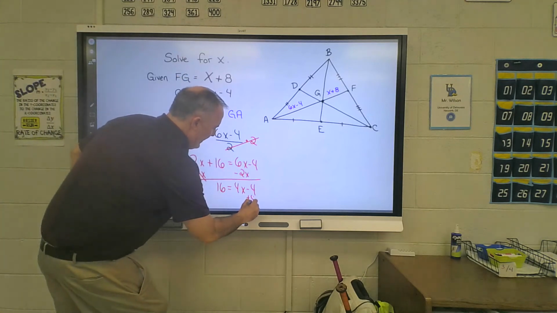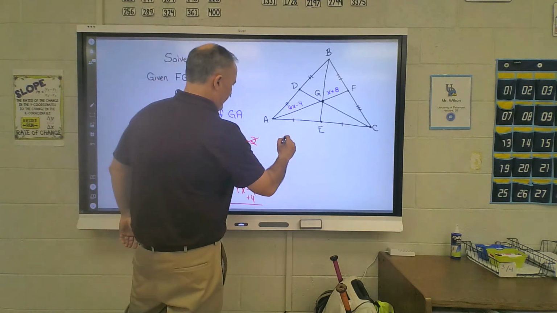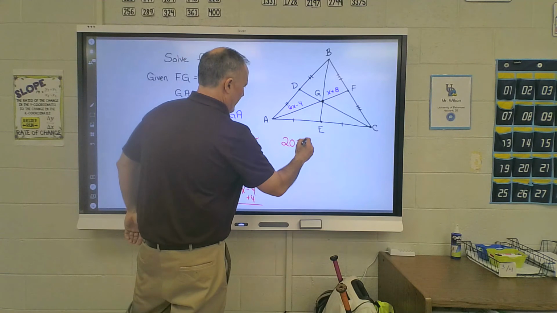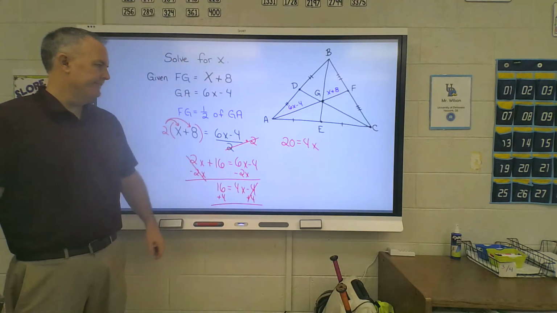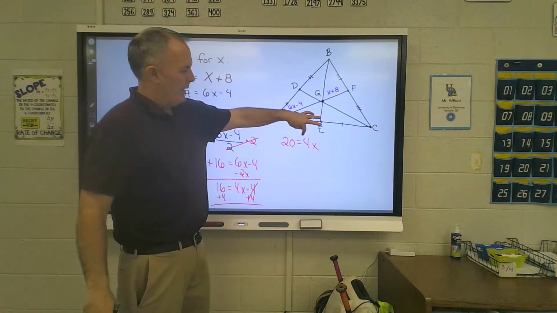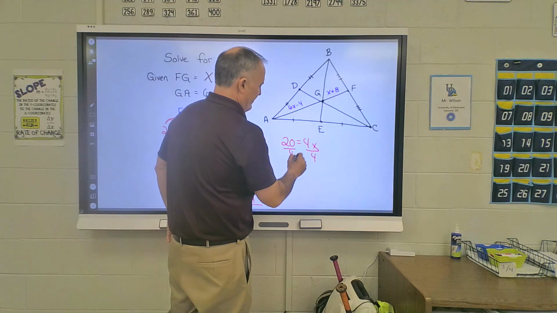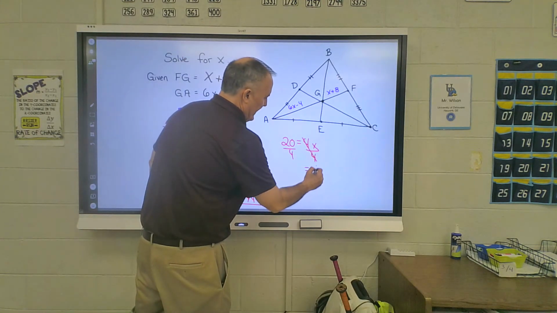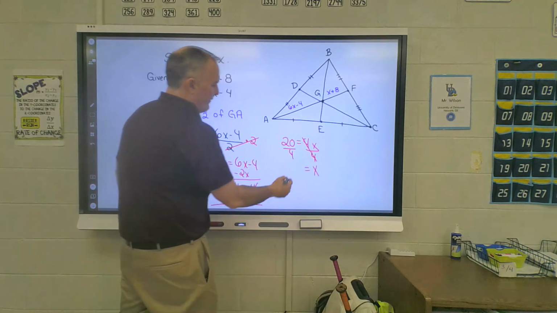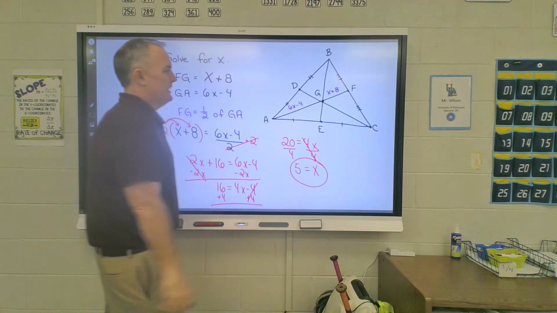That leaves me with 20 equals 4x, because these 4's cancel out. Now the opposite of multiplying by 4 would be to divide by 4. I divide each side by 4. I am left with simply an x. 20 divided by 4 is 5. So x in this case is 5.